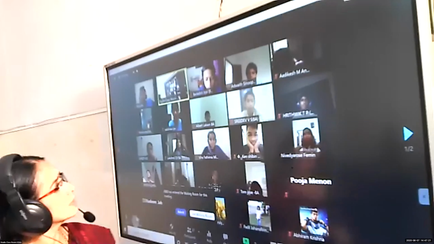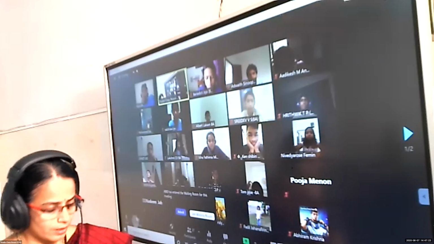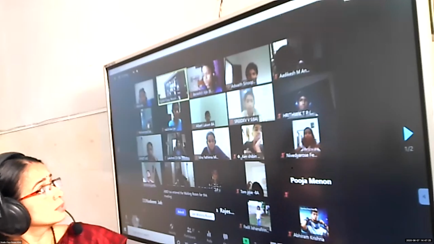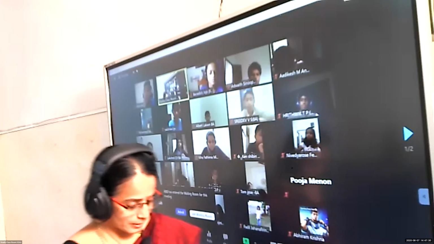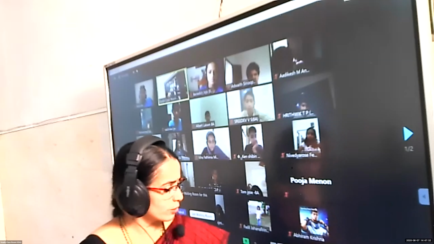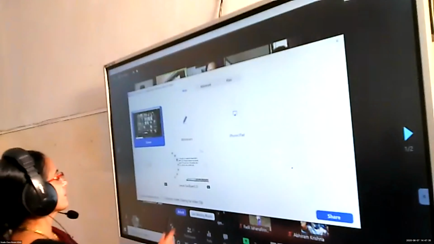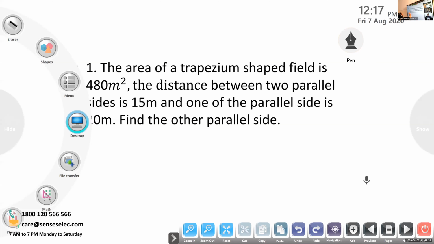Aditya, area of a rhombus. Area of a rhombus.